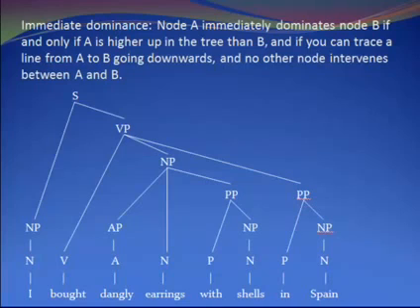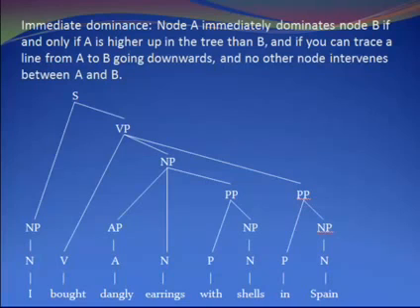Well, it immediately dominates P because it's higher up than P. You can trace a line from the PP node to the P node going downwards, and no other node intervenes between the PP and the P. So PP immediately dominates P. And the same for NP. If you go down from the PP, no other node intervenes between the prepositional phrase and the noun phrase.